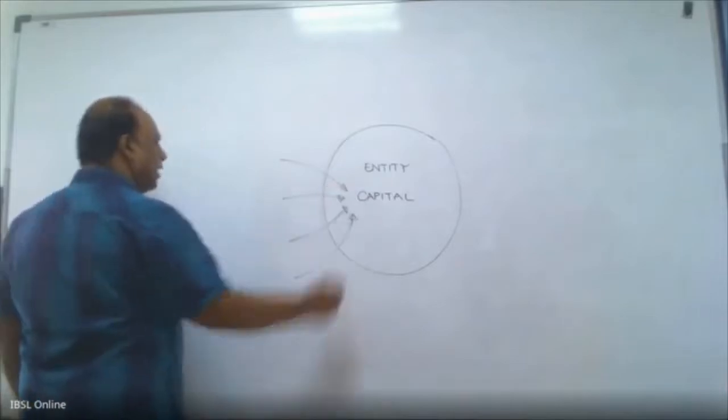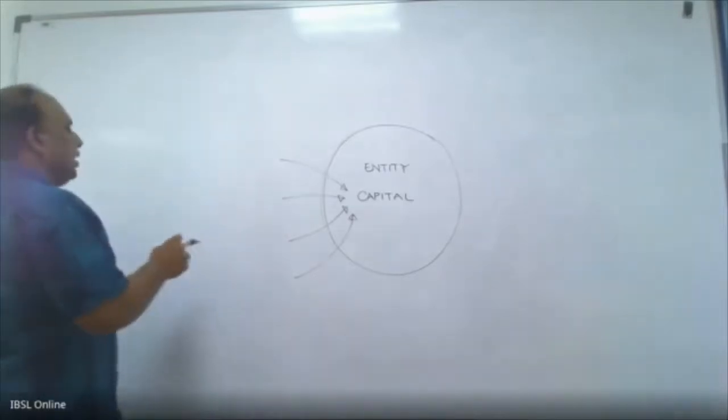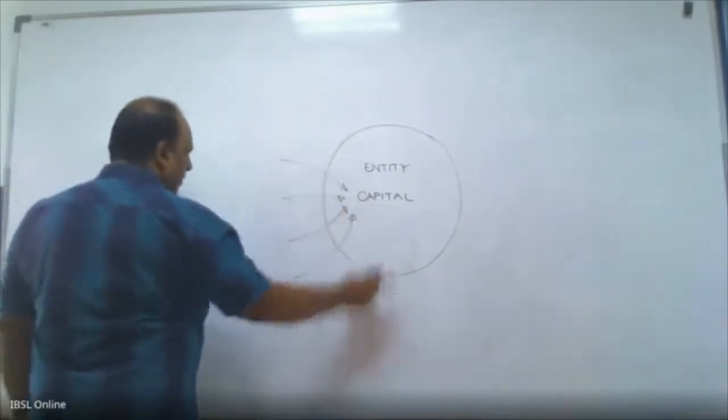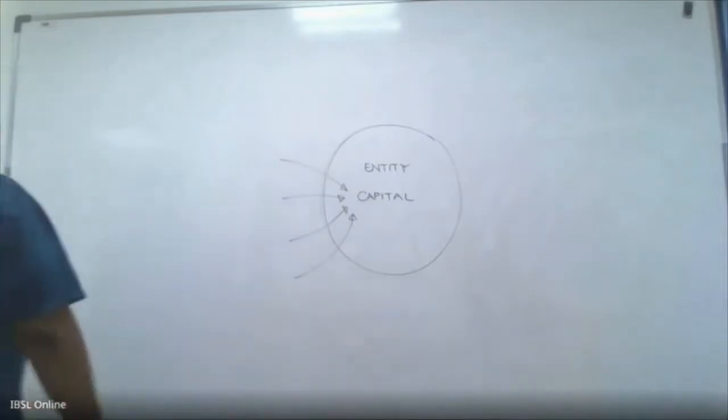Later on we will learn that the capital that you require for day-to-day operations will be known as working capital. But what we are looking at here is the startup capital for a business or maybe for long-term investments.